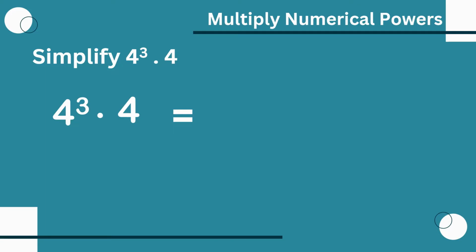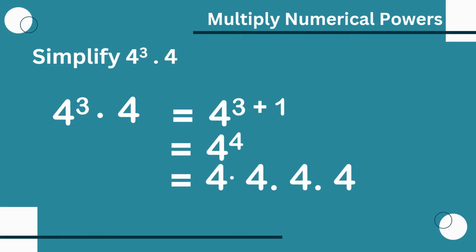So, 4 raised to the exponent of 3 plus 1, and the answer is 4 raised to the exponent of 4. Then we're going to use the numerical products. So this is 4 times 4 times 4 times 4. 4 times 4 is equal to 16, times 4 is equal to 64, and times 4 is equal to 256. And this is the final answer.